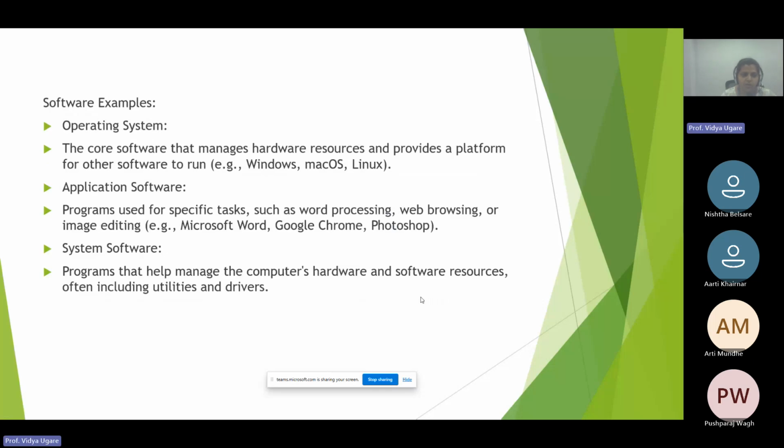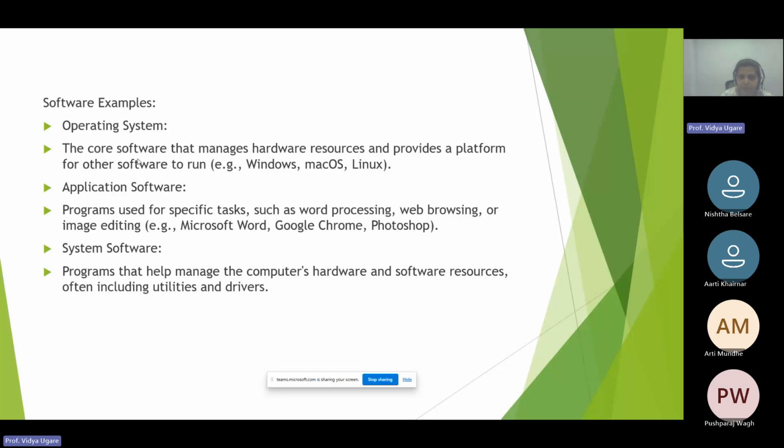Then we have software. In software, we have the operating system. Can you see what is written here? Core software. Core means the main one, without which nothing is going to start. Like when you are building a home, first the platform is given to that home.